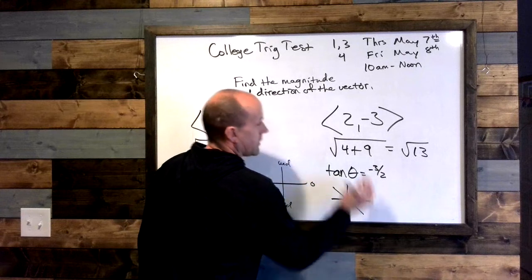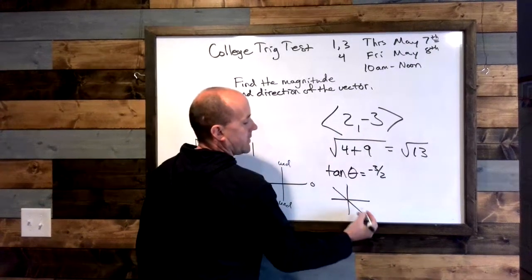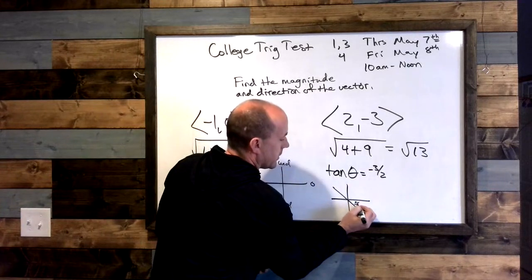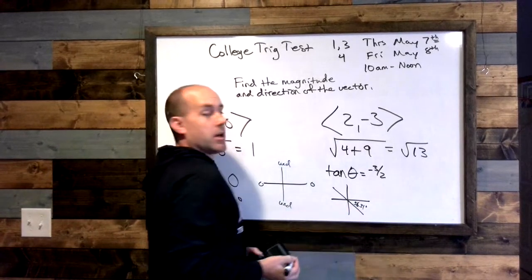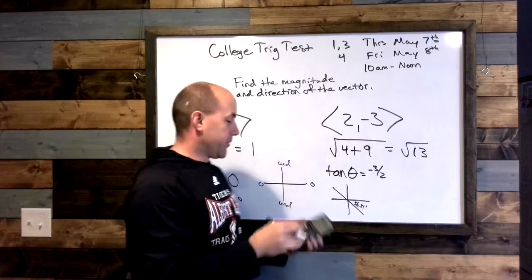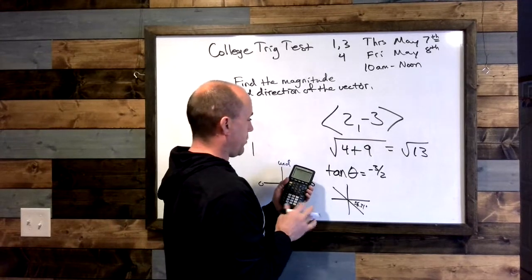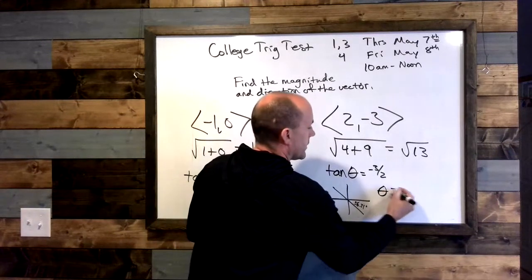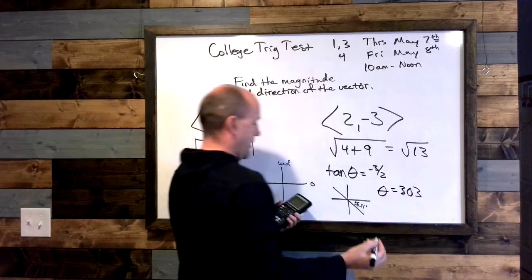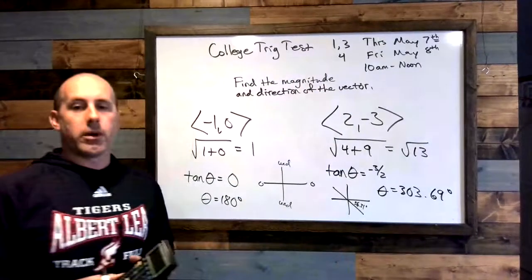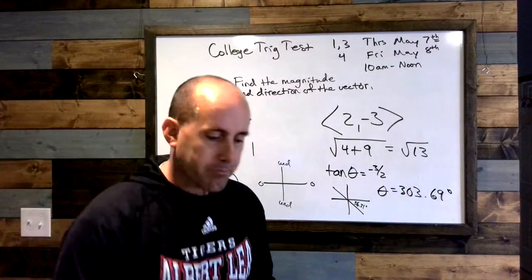So that means that if this is plotted over 2 and down 3 in the fourth quadrant, I have 56.31 degrees. So I'm going to subtract that off of 360. 360 minus that 56.31, and I get theta is equal to 303.69 degrees. Okay.